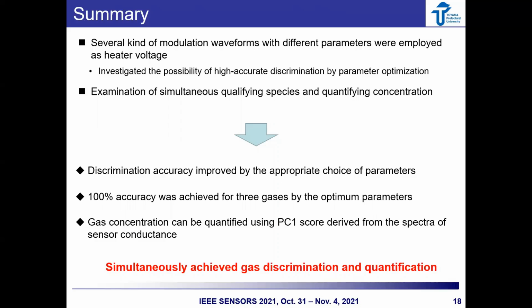As a result of the gas discrimination based on the normalized conductance, discrimination accuracy was improved by parameter optimization, and 100% accuracy was achieved by the optimal waveform. Furthermore, by also using a sensor conductance without normalization, it was shown that it is possible to qualify the gas species and quantify the gas concentration at the same time.